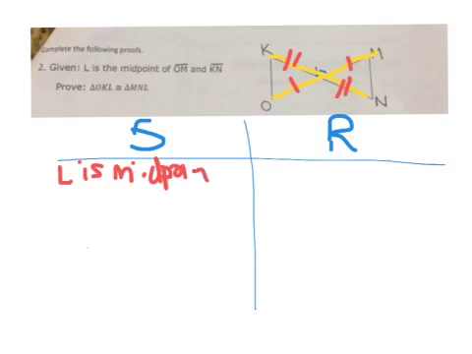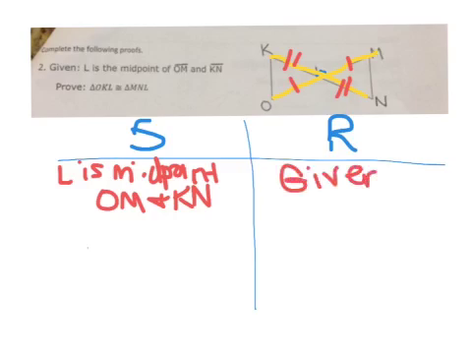Ooh, it's harder to write on this than it looks. Of OM and KN. And that is your given. But then we need to say that our pieces right there are congruent as well. So we got KL is congruent to NL.